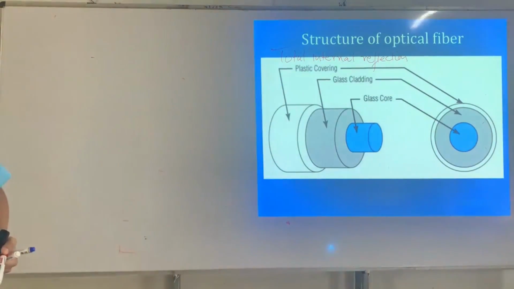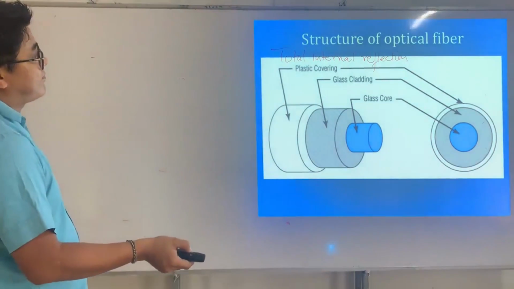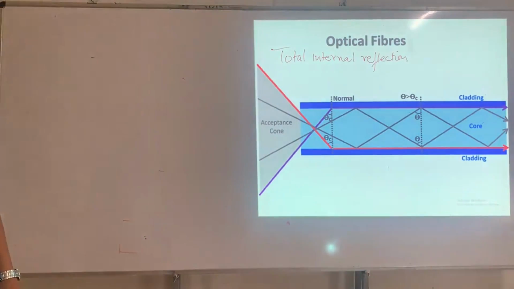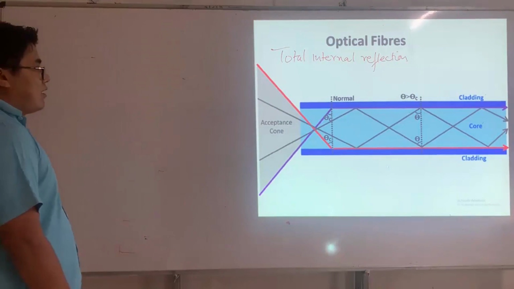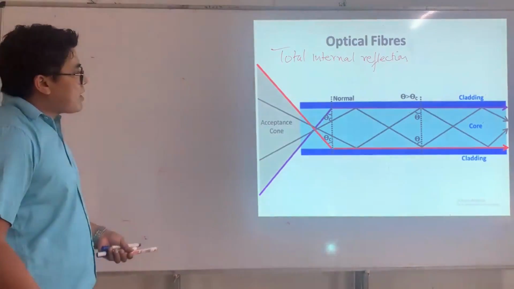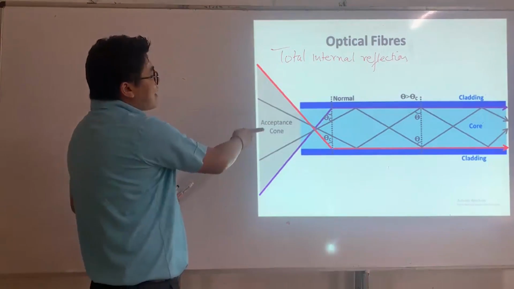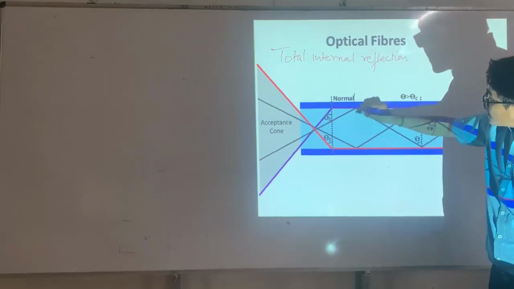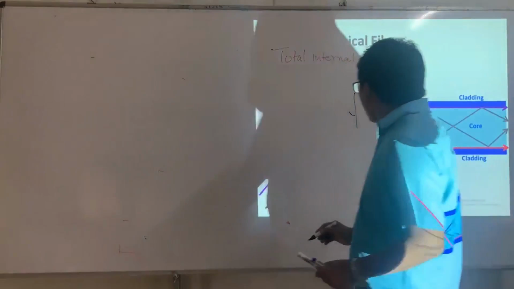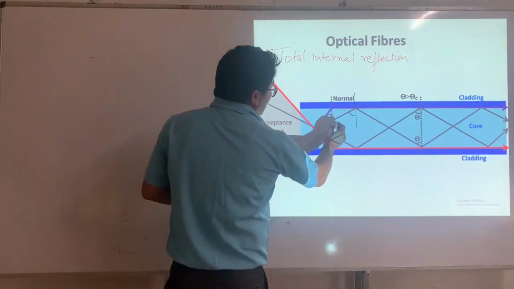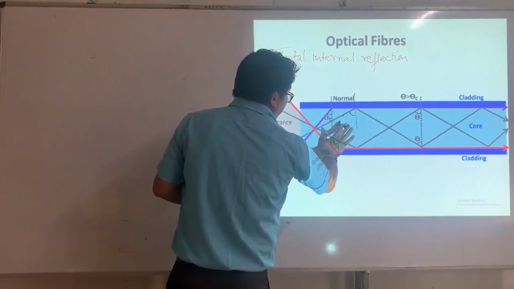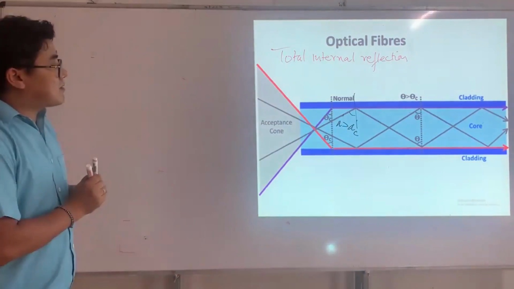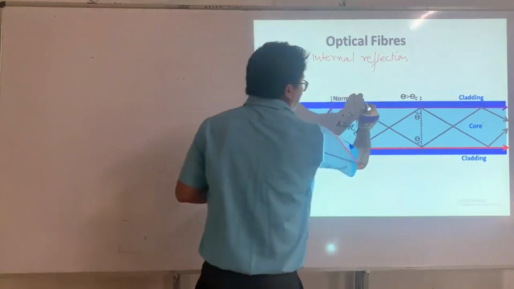What happens is, I'm going to send a light or information, electromagnetic wave or light, with some suitable angle of incidence. This is the information I'm going to send, and I'm going to send light such that the angle of incidence should be more than the critical angle.